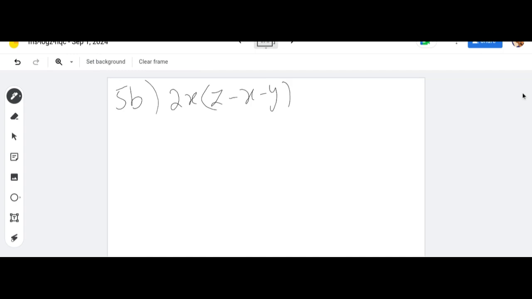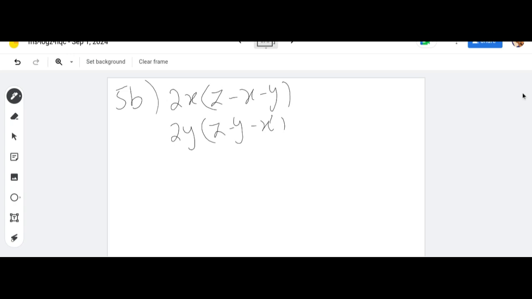Let me know if I made any mistake with the variables, the numbers, or the signs. The second is 2y(7 minus y minus x). Is it okay?